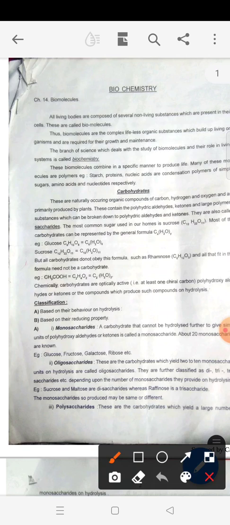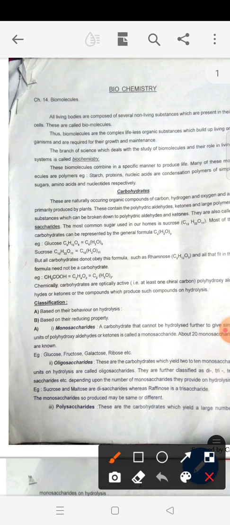These are naturally occurring organic compounds. So what does it contain? Carbohydrates must contain carbon, hydrogen, and oxygen, and they are primarily produced by plants. As you know, carbohydrates are our major ingredient in our food, and carbohydrates can be produced only by plants.